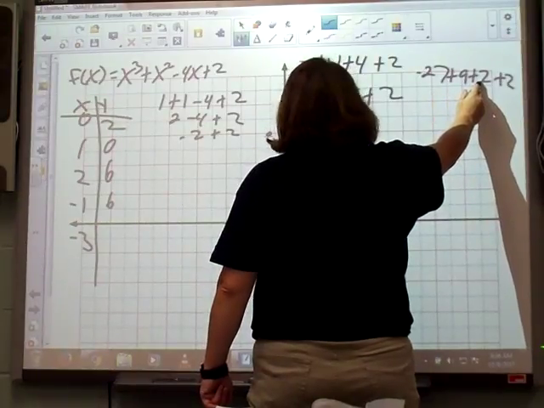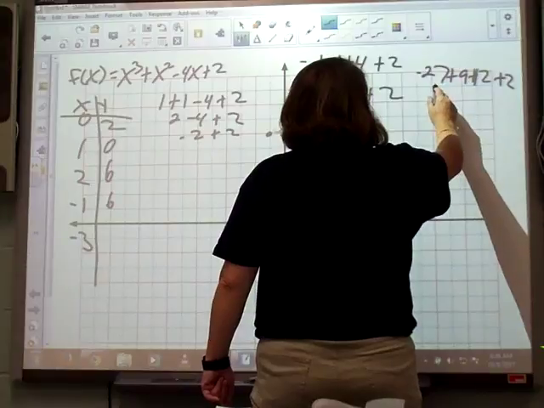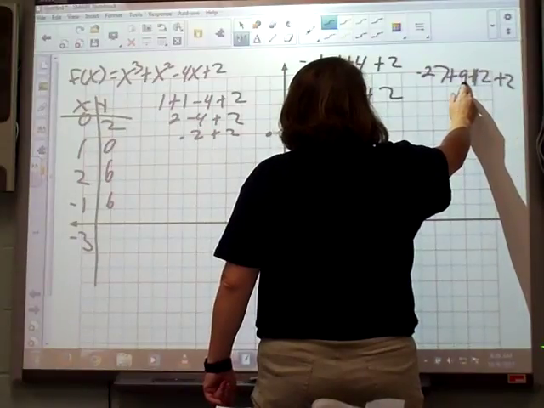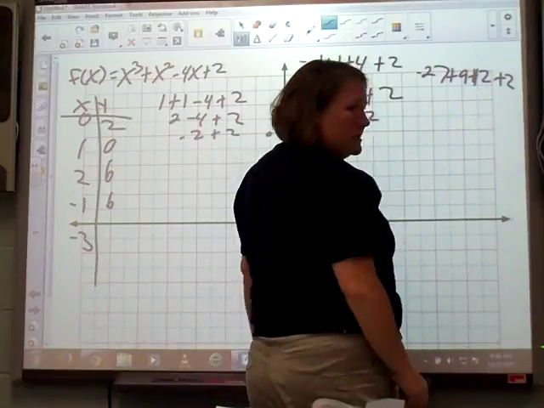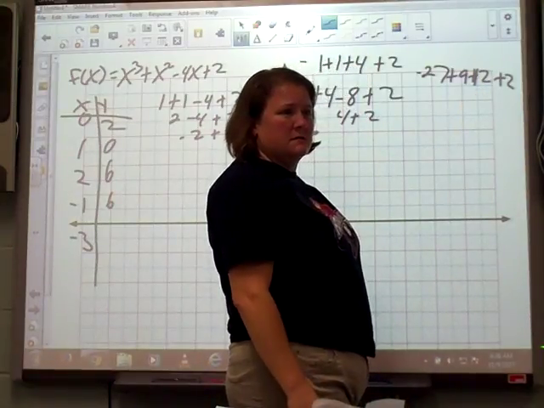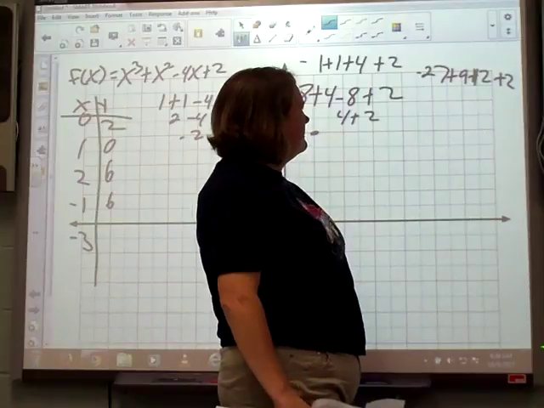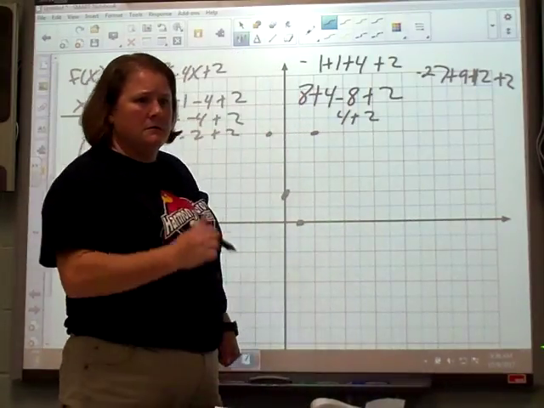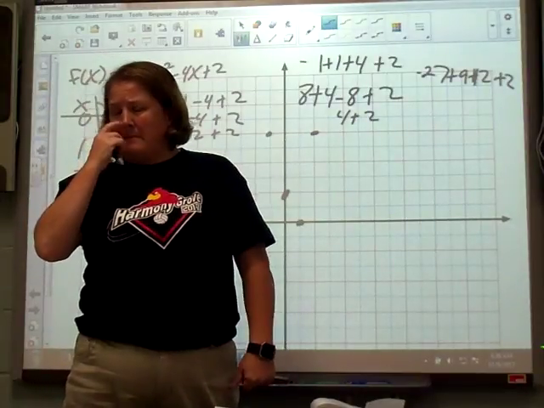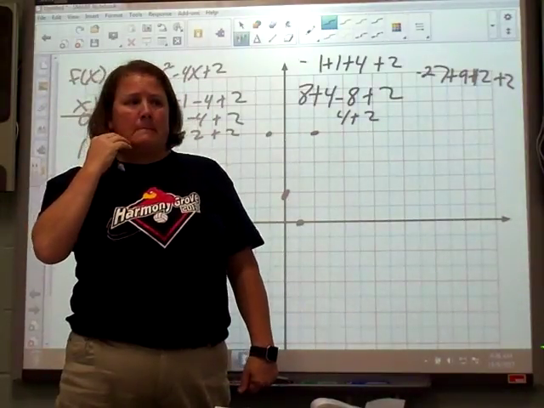Let's do that. Negative 27 plus 9 is negative 18, plus 12, plus 2. Did y'all get 26 on that?